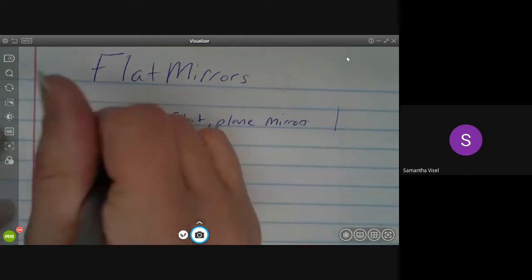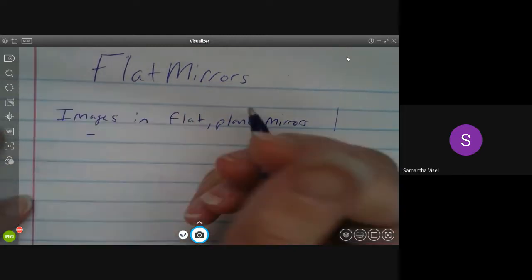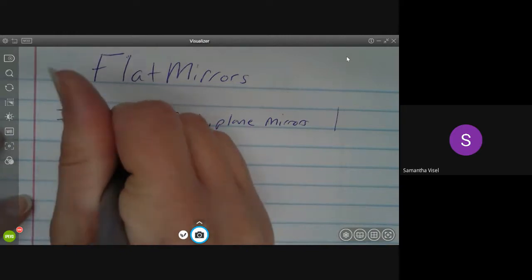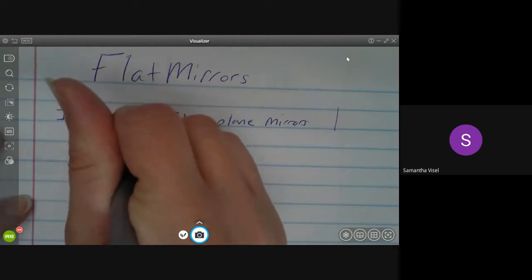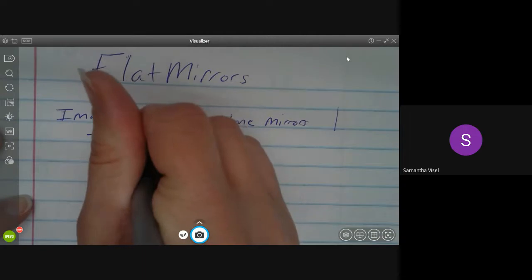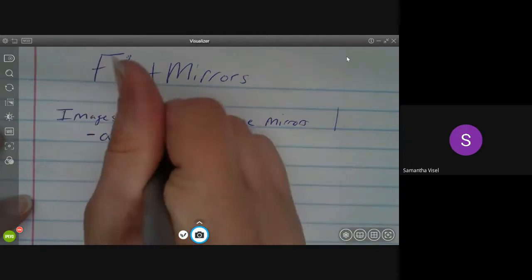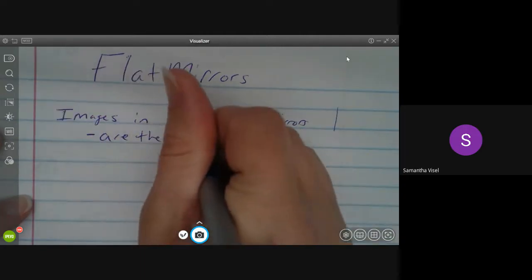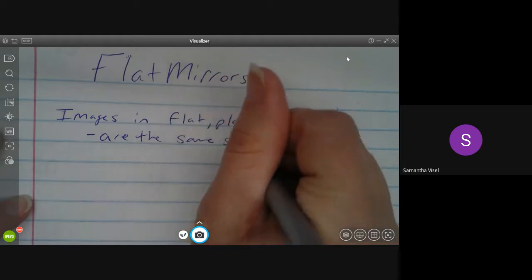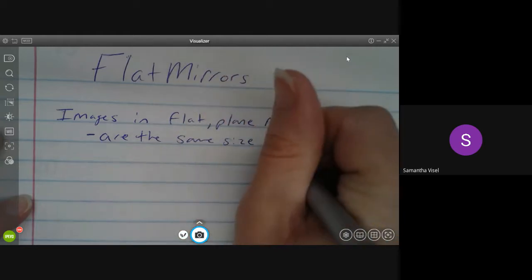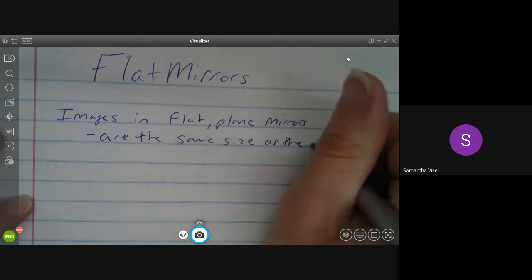So when you stand in front of a mirror that's flat, you should see that you, or the image, are the same size as the object.